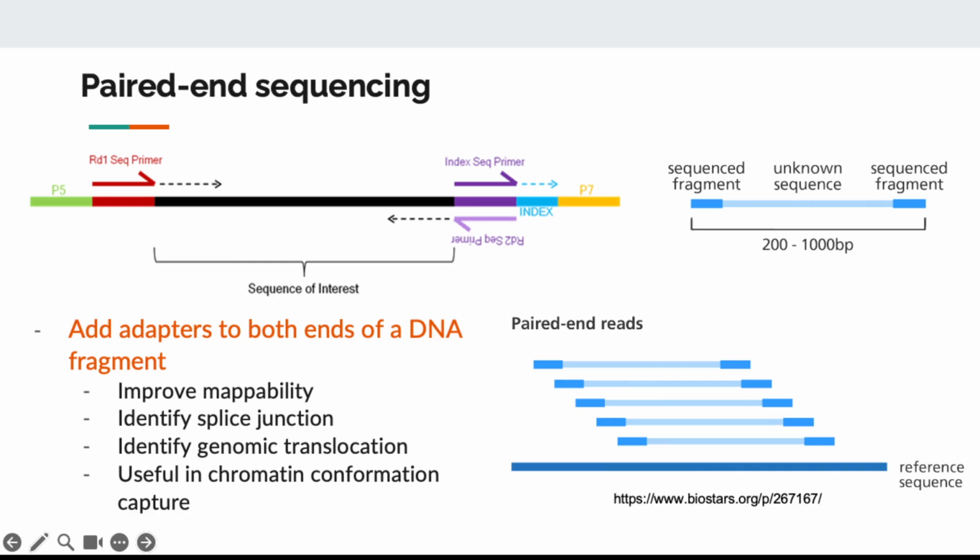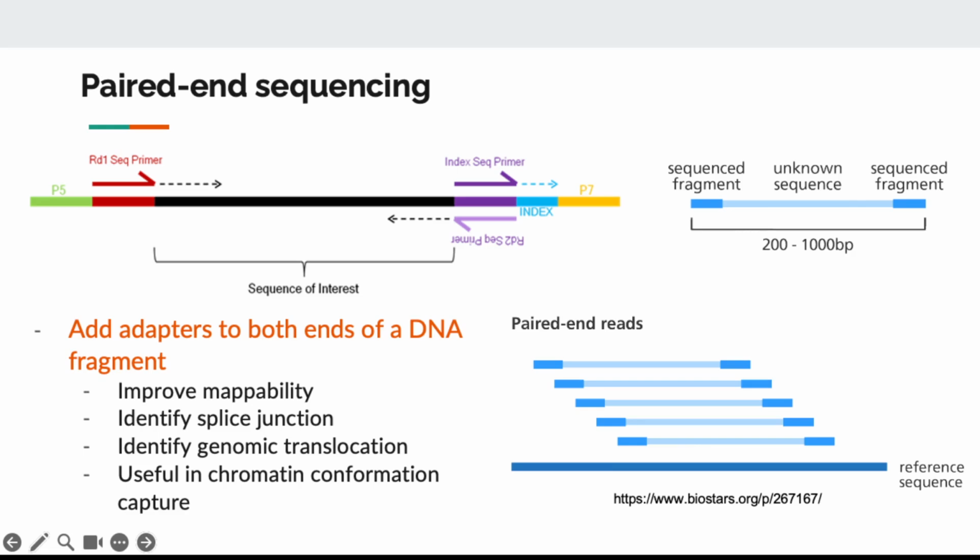But because we know that this DNA fragment must come from the same chromosome, we can intersect the answers that we get from the forward and the reverse read, and get a confident answer as to which chromosome it must come from. So this is the benefit of being able to sequence both the start and the end.